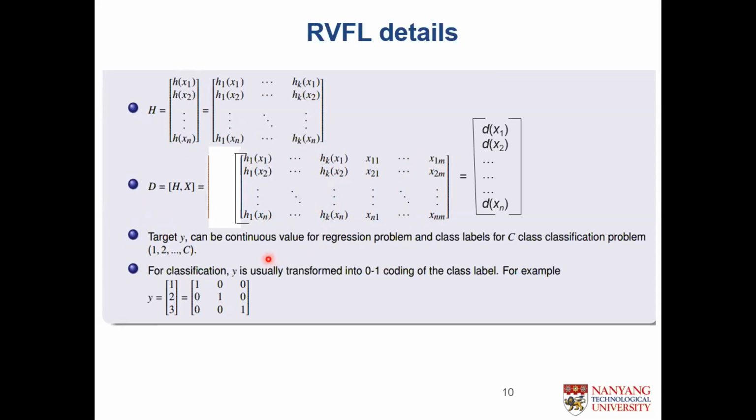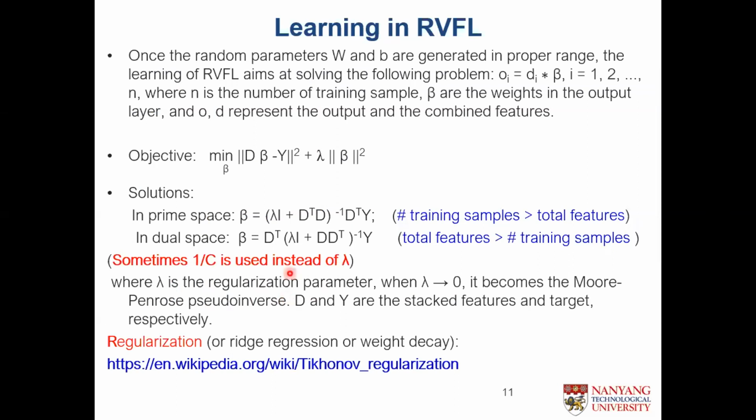For a classification problem, we can use 0-1 coding. For the case of 3 classes, you can have 3 output neurons with the 0-1 coding. So the learning in RVFL is very simple, as I mentioned before also.